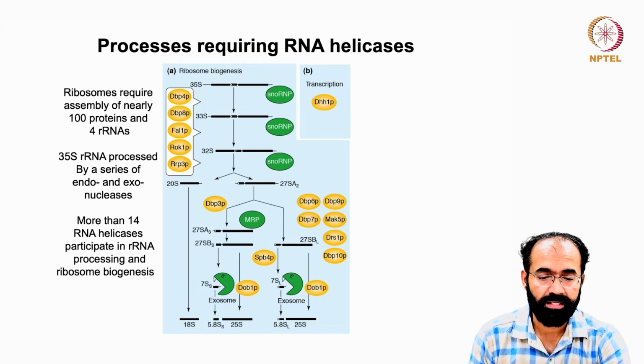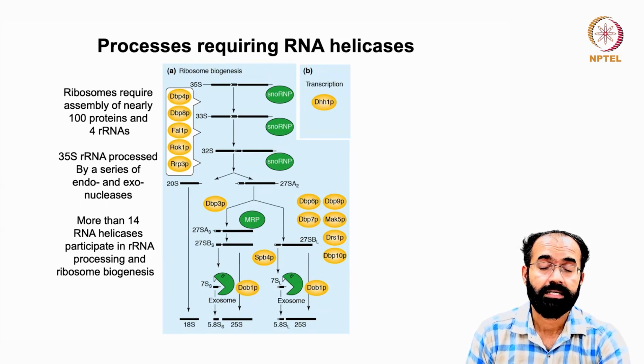There are further DBP3P and plenty of others, whichever you see in yellow color box, they are all helicases. So 30S ribosomal RNA is processed by a series of endo and exonucleases, and more than 14 RNA helicases participate in the ribosomal RNA processing and ribosome biogenesis.